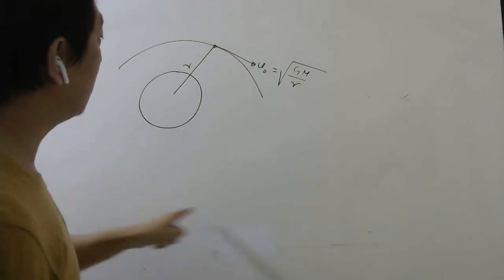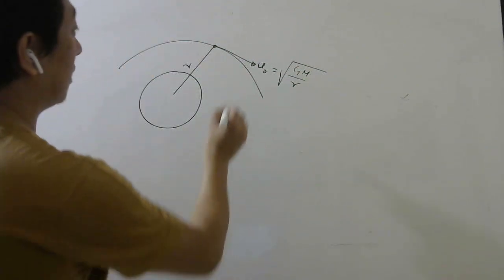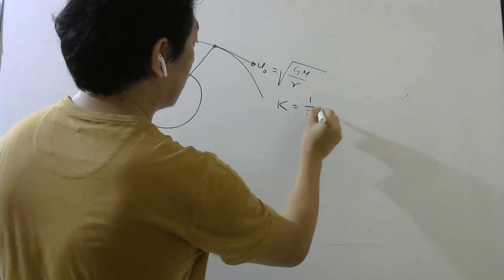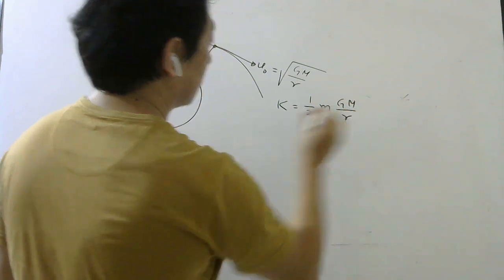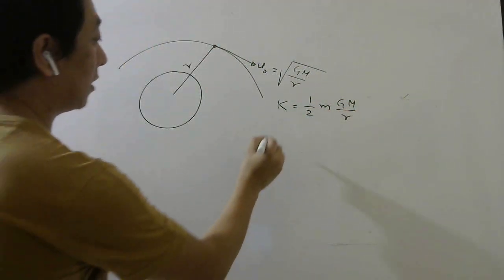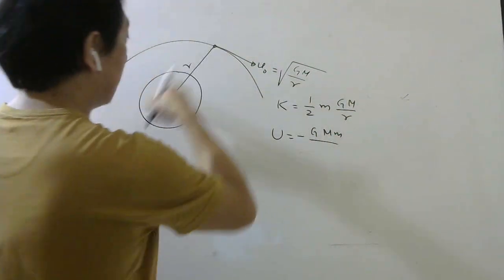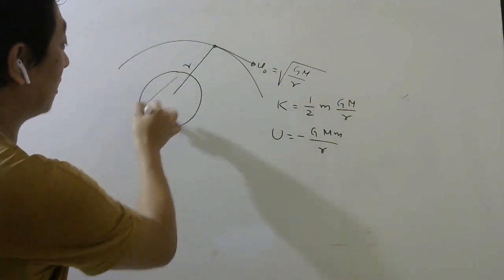With that orbital velocity, it will revolve around the Earth, and at that point, its kinetic energy will be half m v naught square. That will be the kinetic energy right now when it is orbiting, and potential energy will be minus GMm by this r, because all these points are outside this Earth, right?